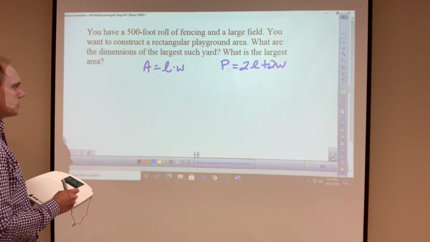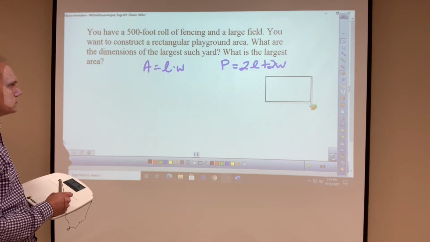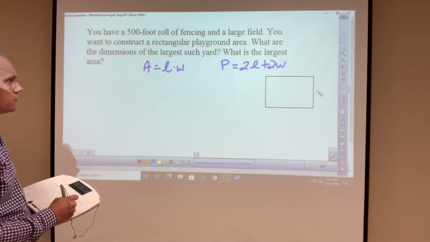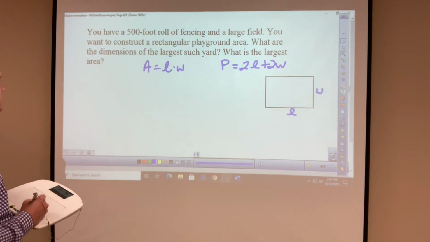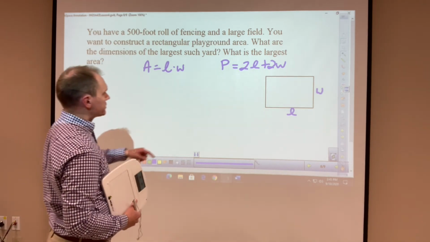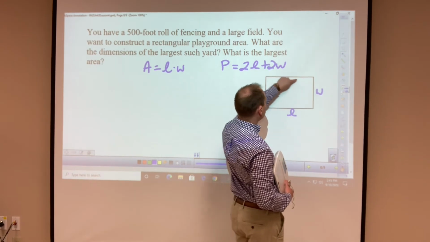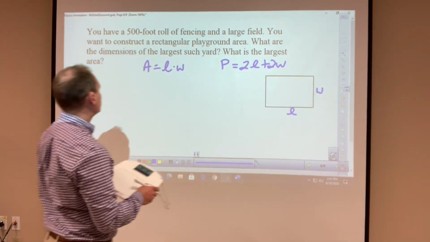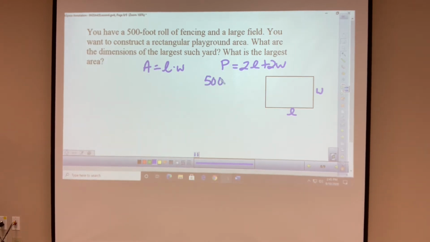If we were to draw this, we have W here, L here, and of course the area is going to be L times W. The sum of all of the length around here, which is the perimeter, should be 500. So we know that 500 equals 2L plus 2W.